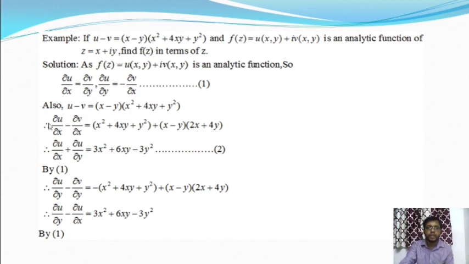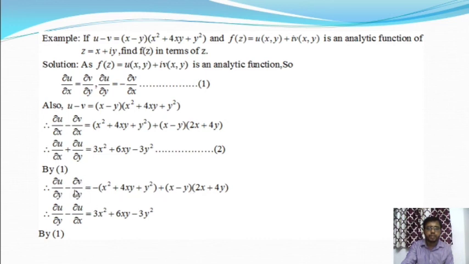Now applying the Cauchy-Riemann equation, del v del x is equal to minus del u del y. So del u del x plus del u del y is equal to this. Similarly we can find the differentiation with respect to y, and we'll get del u del y minus del v del x is equal to this.